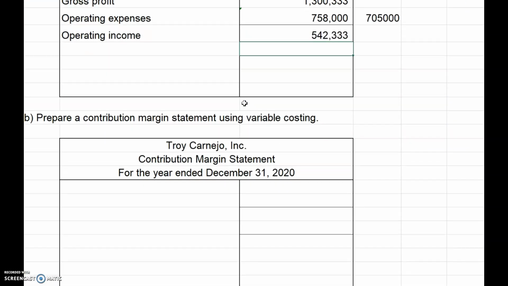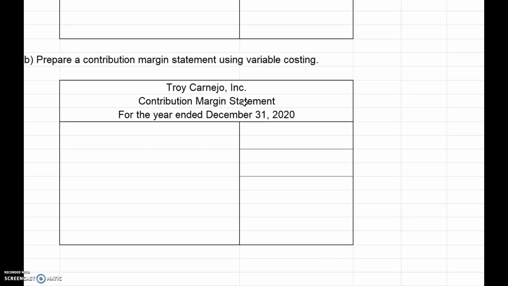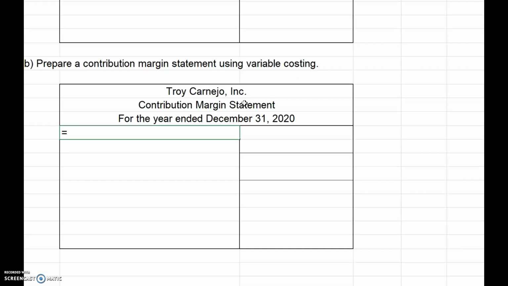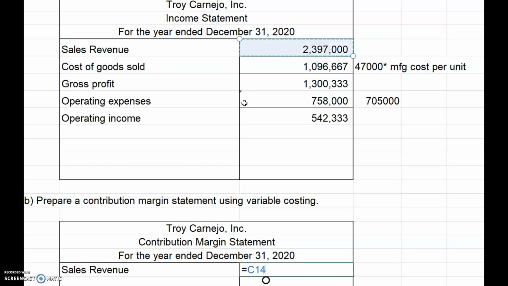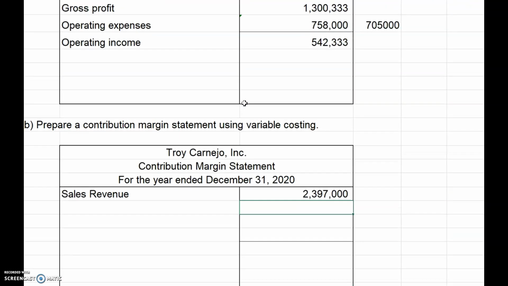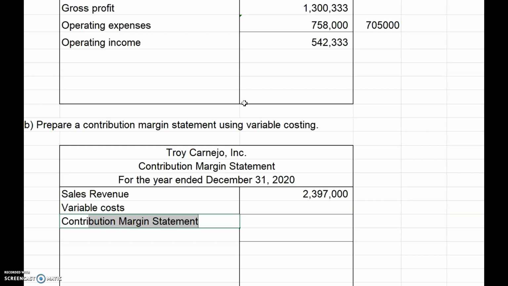Let's take a look at what our operating income is using variable costing. And so we're going to prepare a contribution margin statement. So our sales revenue is going to be the same, right? That's our starting point. But then we subtract variable costs from our sales revenue to get our contribution margin.